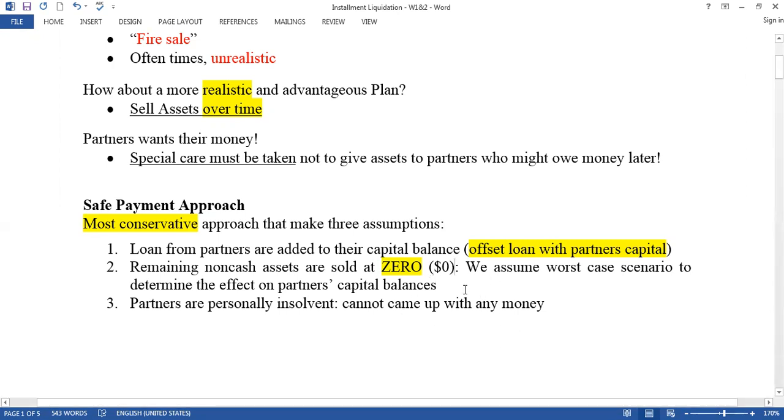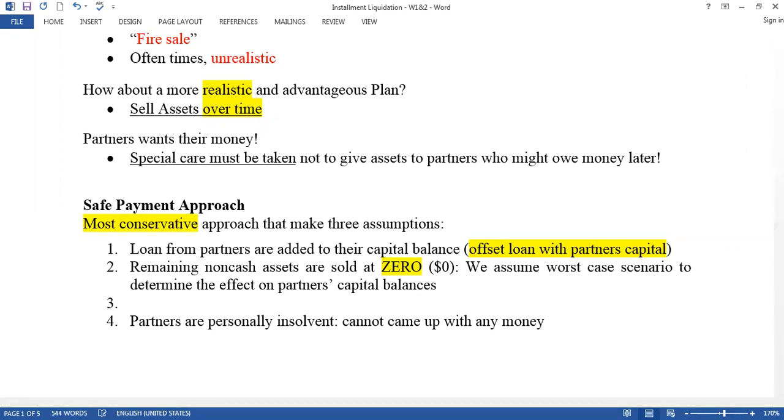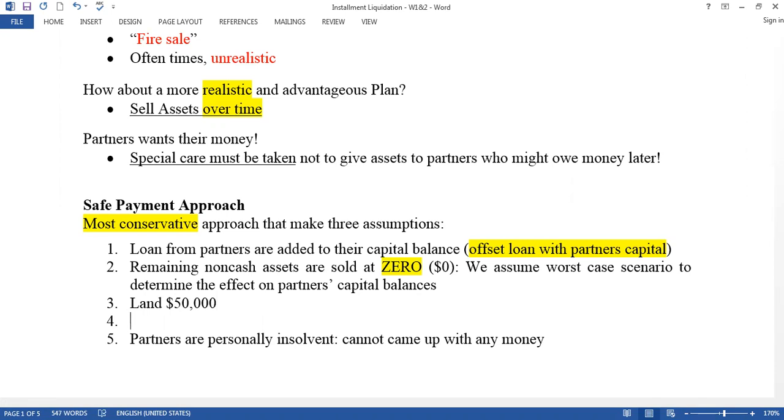So this is the assumption. I can write here, for example, that I have land at this moment. The value is $50,000. And I have a building, and the value is maybe $20,000. So try to understand carefully.